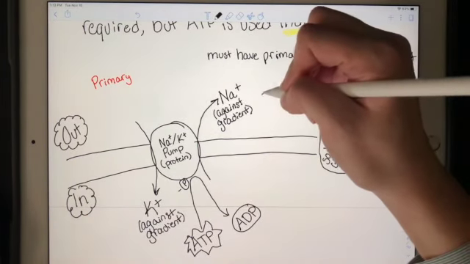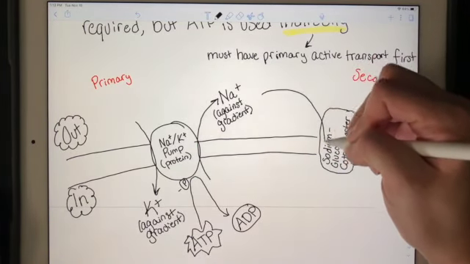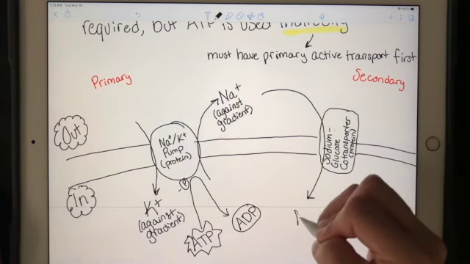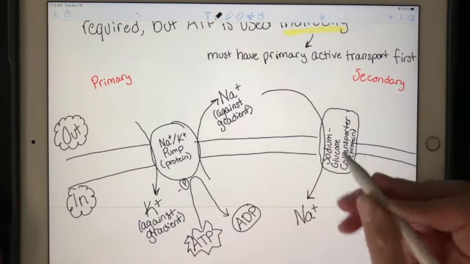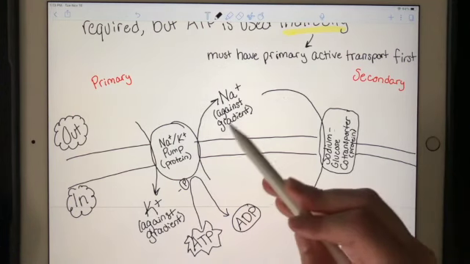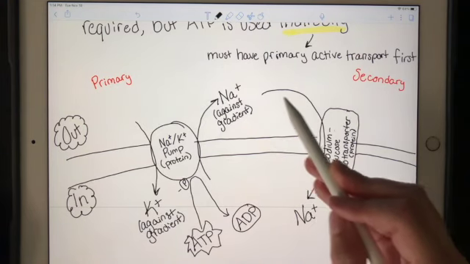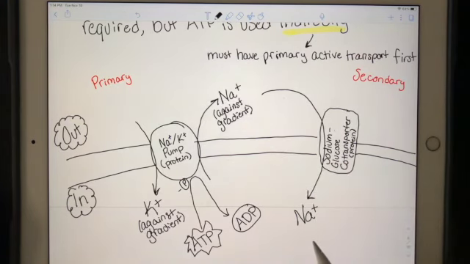So with this, sodium moves back into the cell, and because we forced it out here, using energy, it's going to already want to come back in.